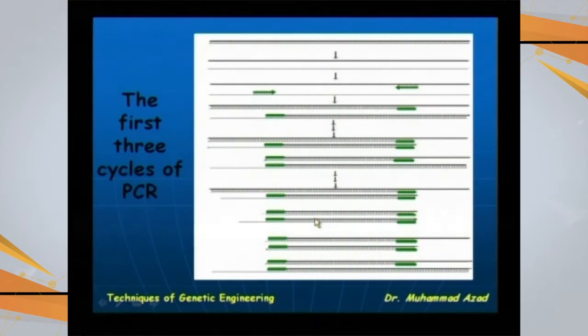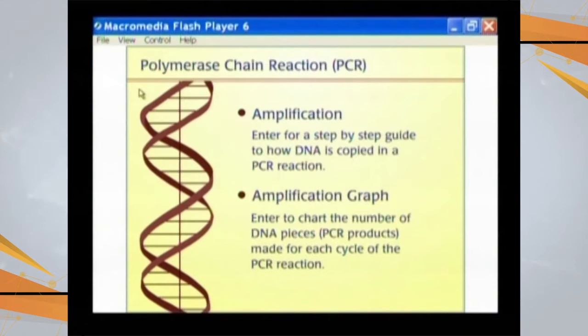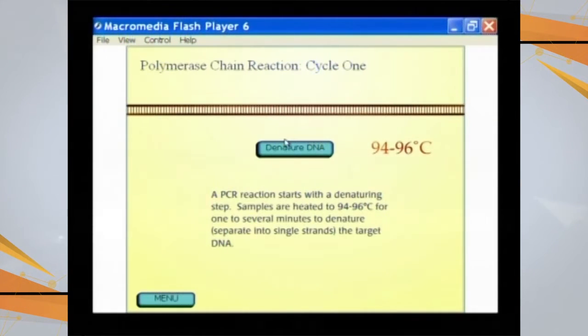in the 3 cycles. Looking at the steps in the form of animation, polymerase chain reaction uses 2 important steps: amplification, and then we make a graph of amplification. First, going with the amplification, the first step, as we discussed, is the denaturation of DNA at a temperature of 94 to 96 degrees.